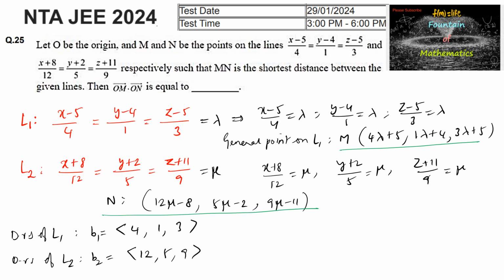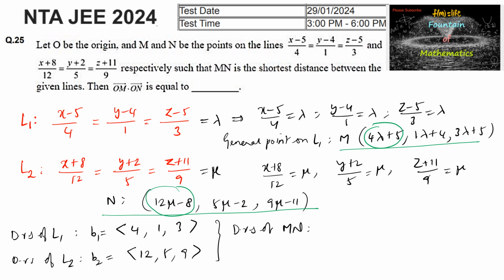And the direction ratios of the line joining M and N, we can subtract these two points, because the direction ratios of a line joining two points are x2 − x1, y2 − y1, z2 − z1.